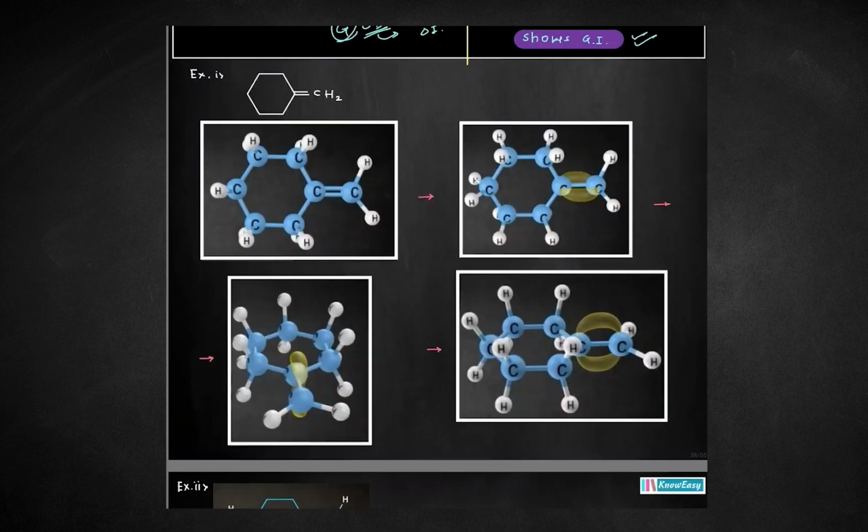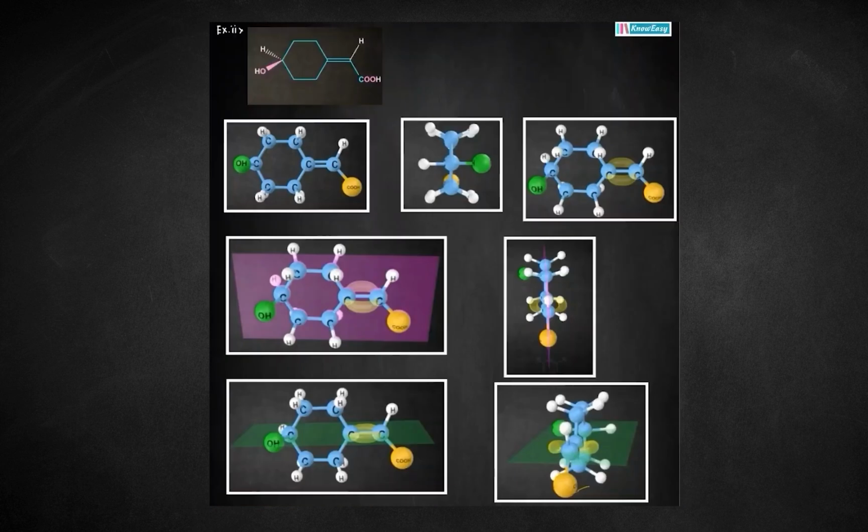Now please see some visualization of the cycloalkylidene system and then we will solve the questions on the basis of this system. So here there is a ring, a double bond and CH2. See the visualization. Pause the video and try to see what is the geometry of this particular molecule. Now see the geometry of the second question.